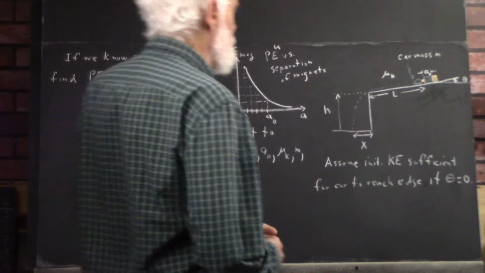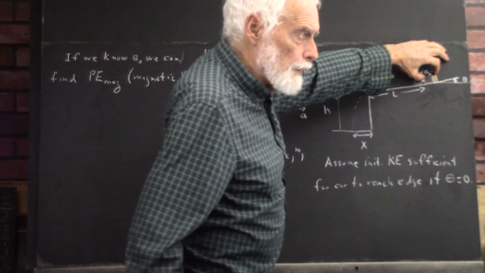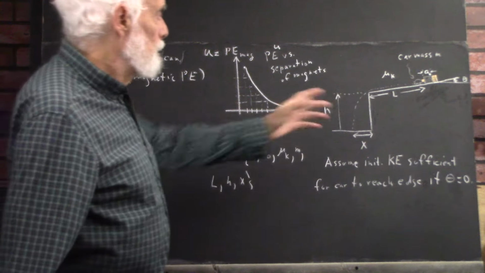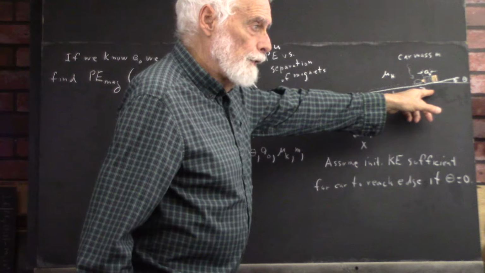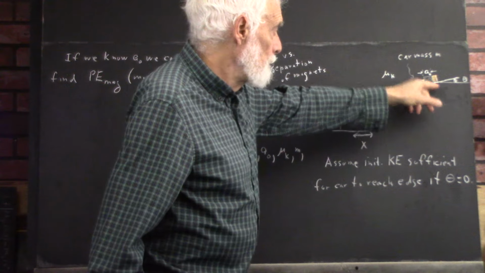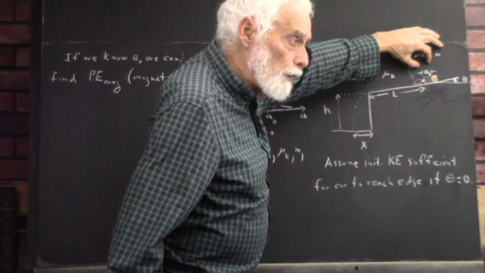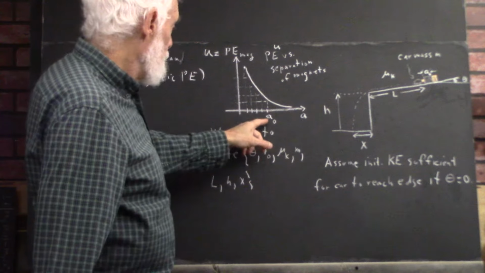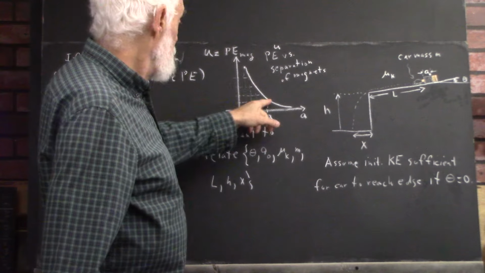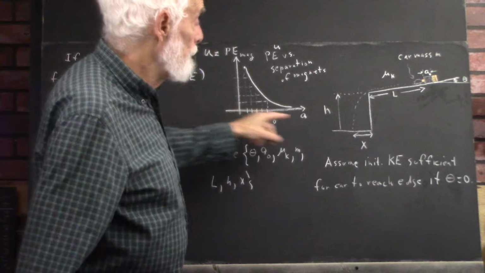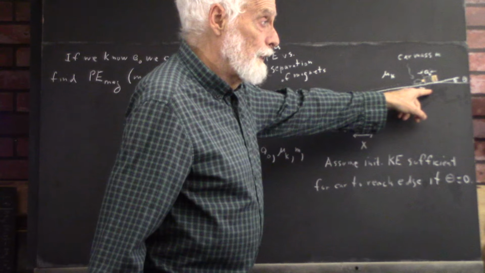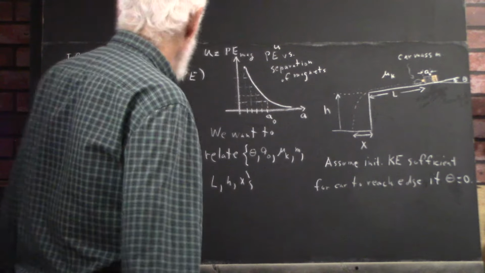Okay, so first thing that happens is you release the car. Question is, what can you determine about the situation if you know A naught? Well, if you know A naught, you can determine the potential energy of the system here.